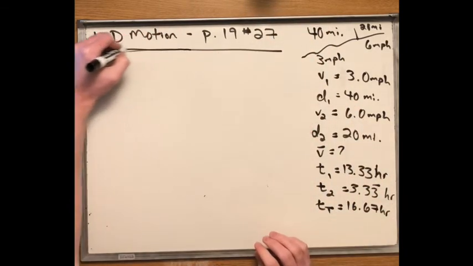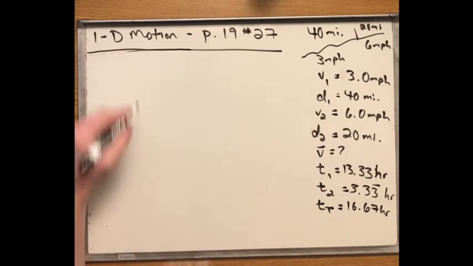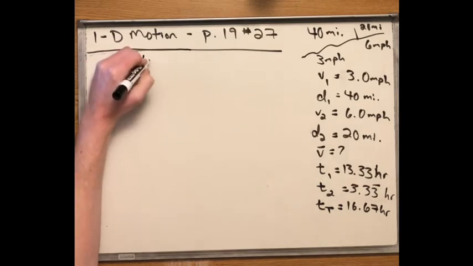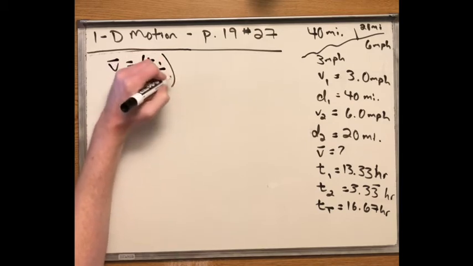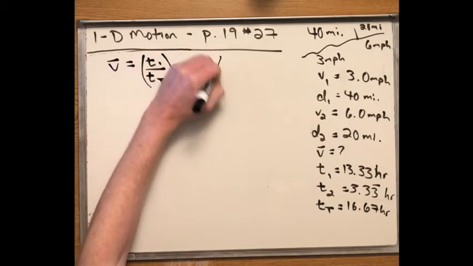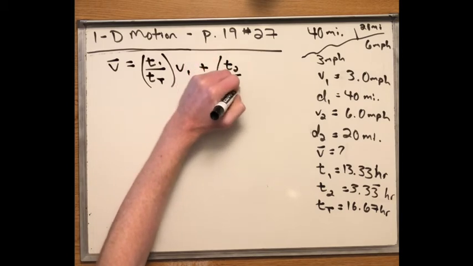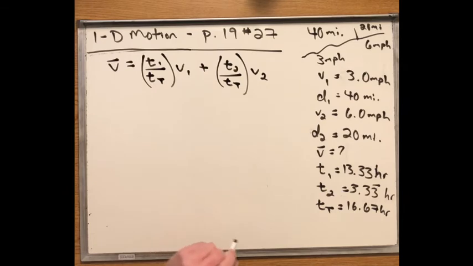Last thing we got to do, just to round this one off, is to use our weighted average equation. Our weighted average equation says that the average speed is equal to the ratio of the times, T1 over T total, times V1, plus the ratio of the second time and the total time times V2.